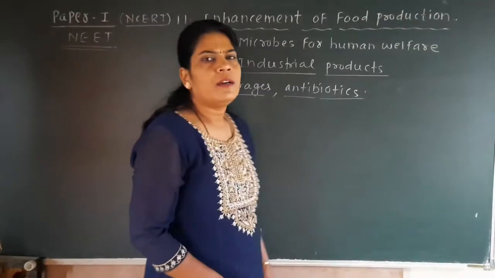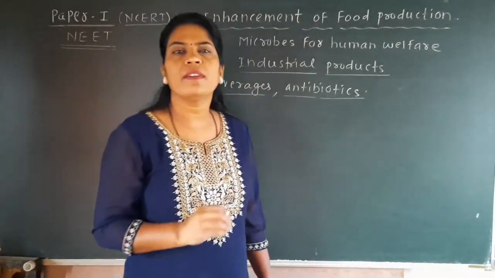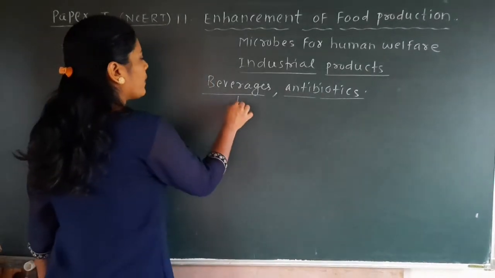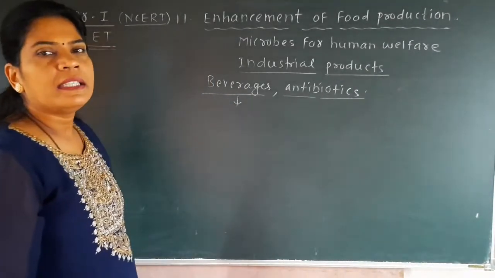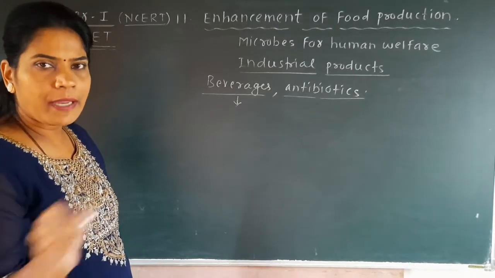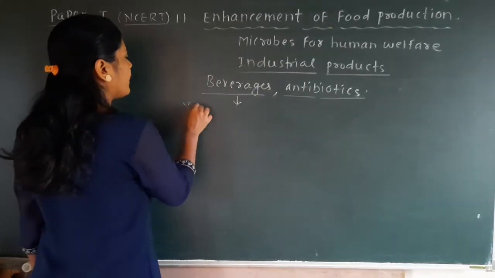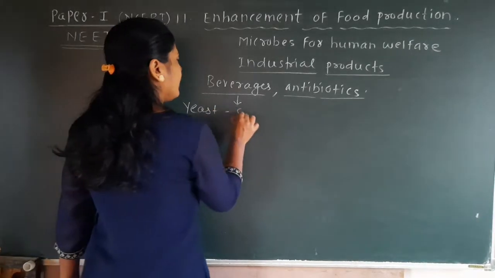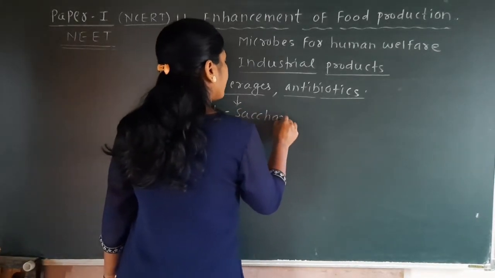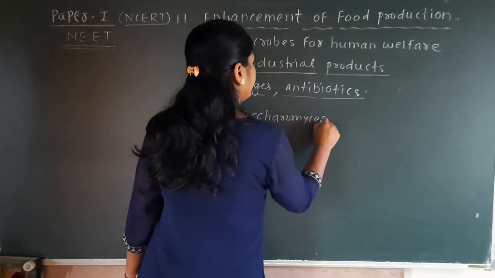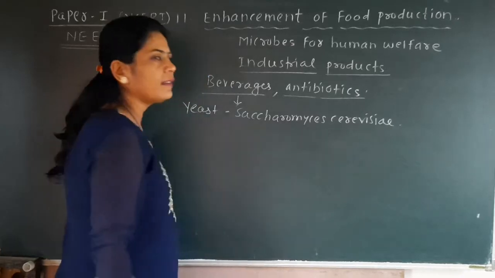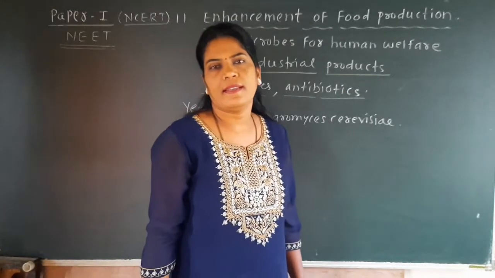The content which is given in our textbook, the same content is given in NCERT. For beverages, the microorganism which is used is nothing but yeast, and the name of that yeast is Saccharomyces cerevisiae.